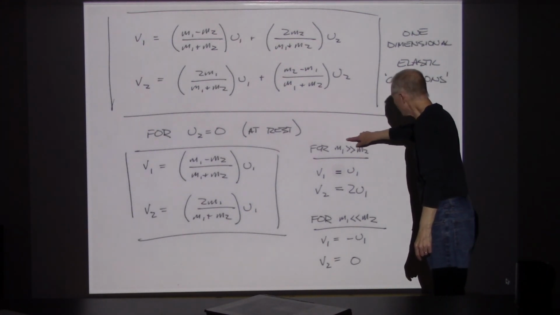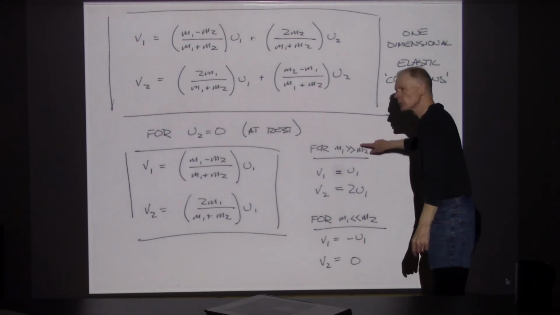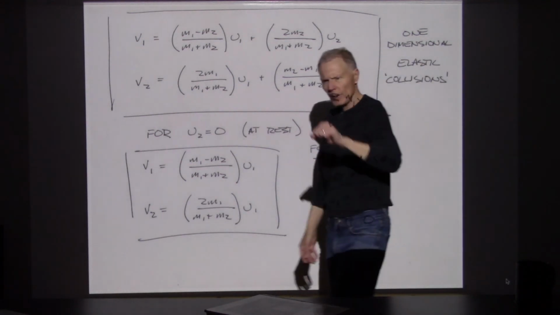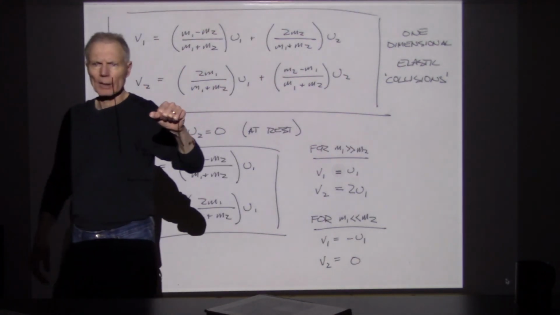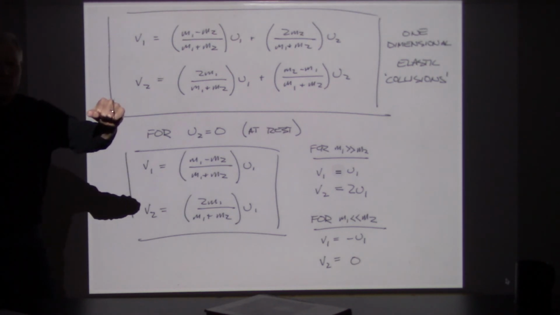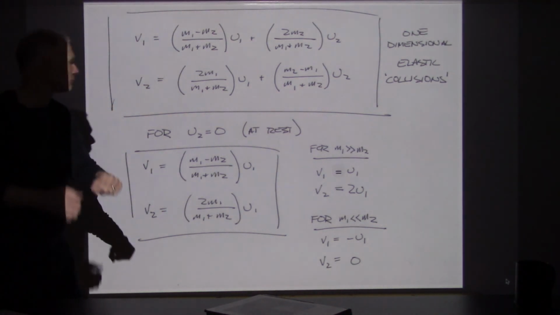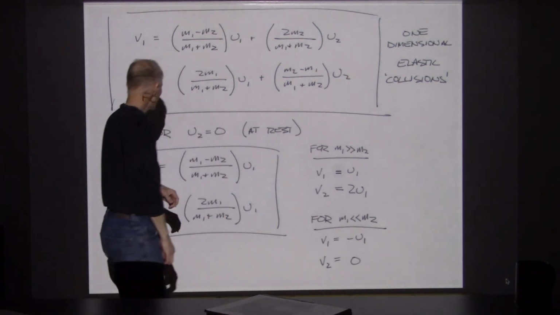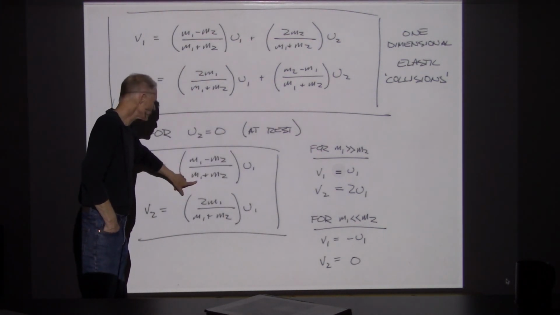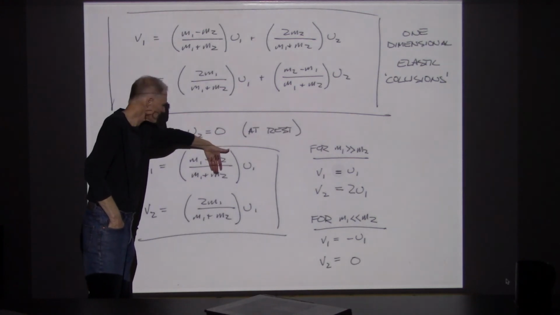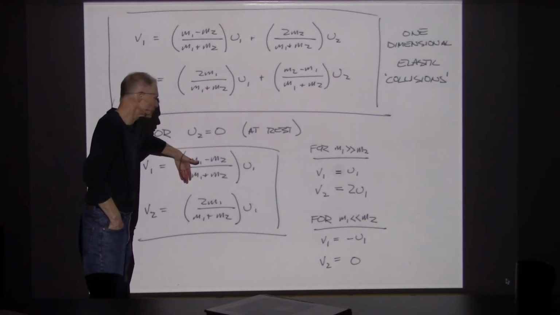If M1 is much, much bigger than M2, what would that mean? We have a very low mass object and a really high mass object just barreling down on it. And what it says is if M1 is really, really big, we can just ignore the M2s in the limit where M1 is much, much bigger.